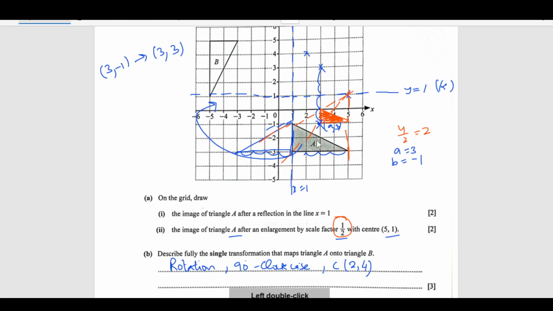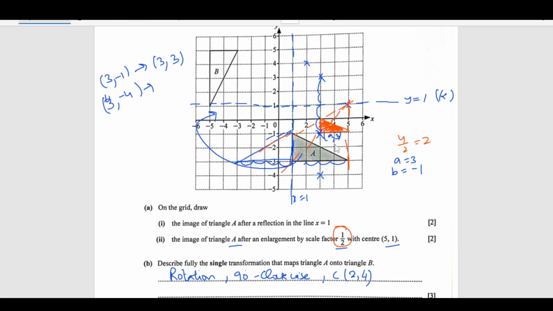Okay, if I take any other point, let's say this point which is clear from here, this is 3 and -4. When we reflect this in the line y equals k, this is 1 2 3 4 5 units up there. So this will come over here, right? So this is going to be 3 and 6.